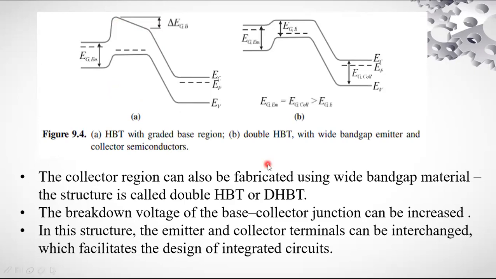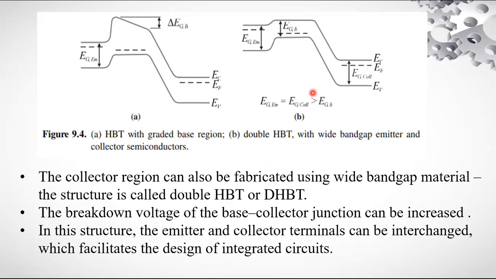Another improvement is by fabricating a wide bandgap material at the collector side. Means the collector section also we are using a wide bandgap material. Already we are using a wide bandgap material at the emitter side. Now if we make a wide bandgap material at the collector side, then that structure will be called a double HBT or DHBT.